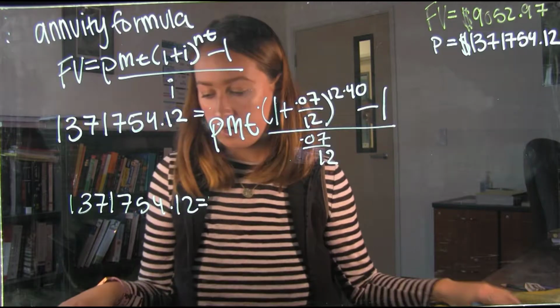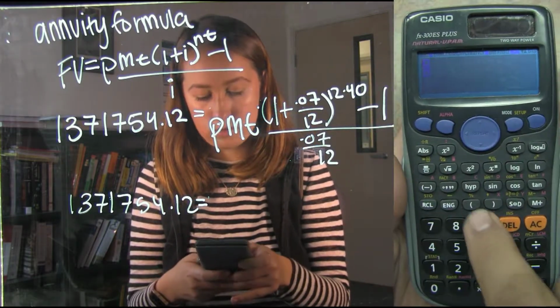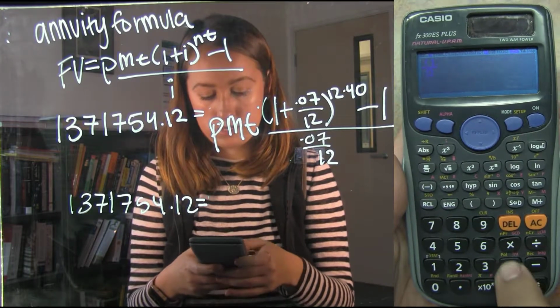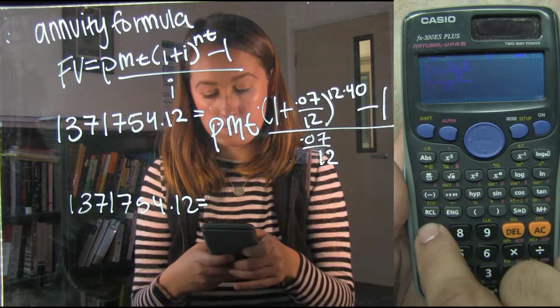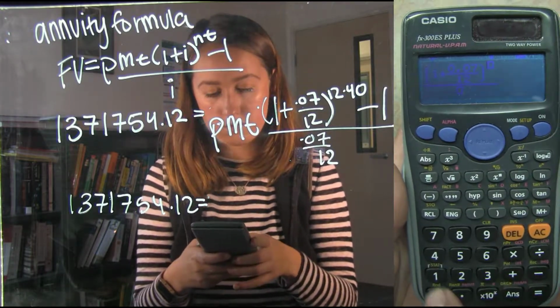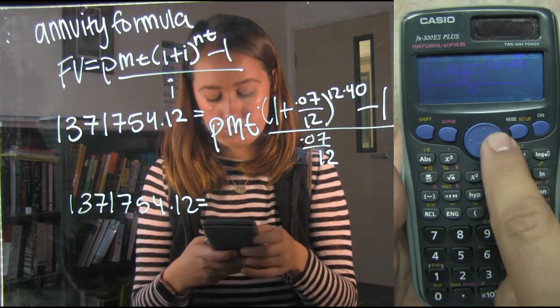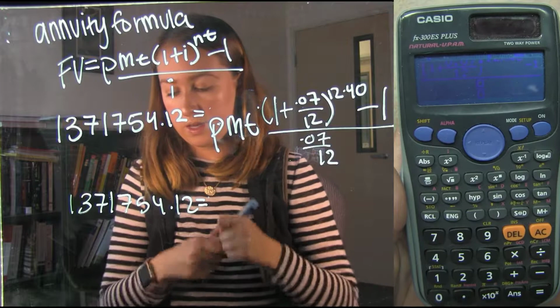It's not on the numerator at all. So 1 plus 0.07 over 12, to the power of 12 times 40, minus 1, over 0.07 over 12.